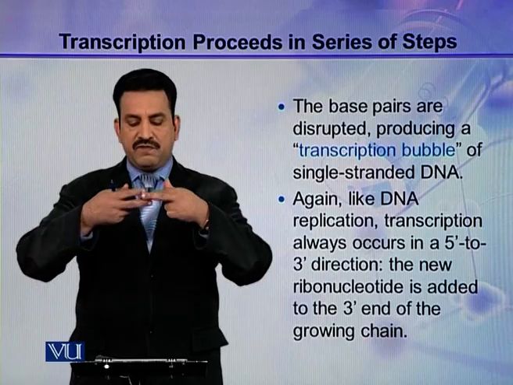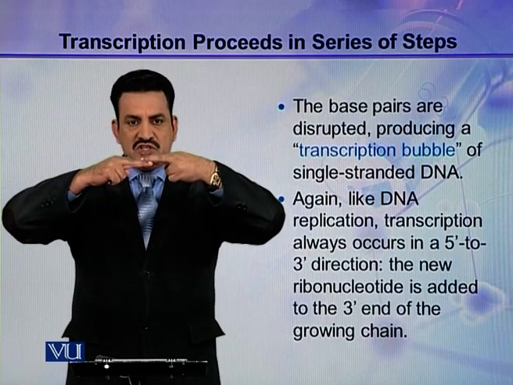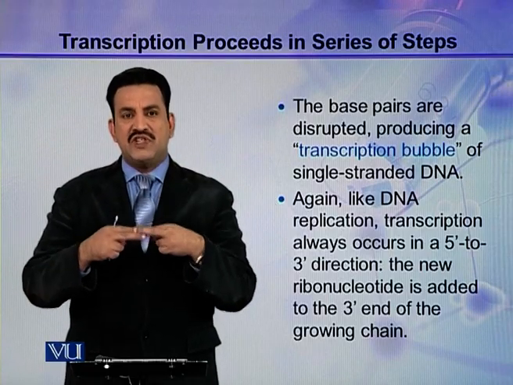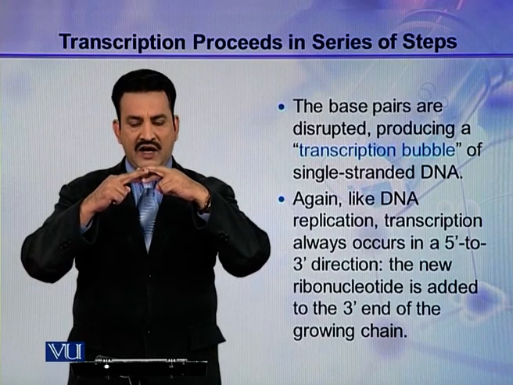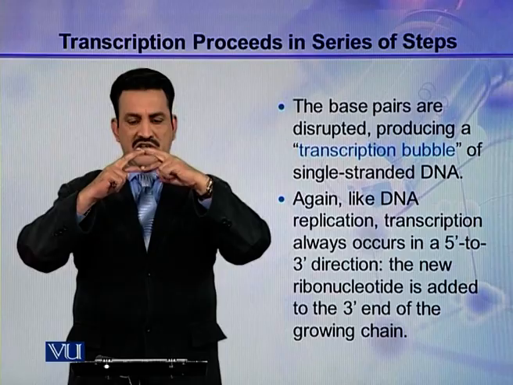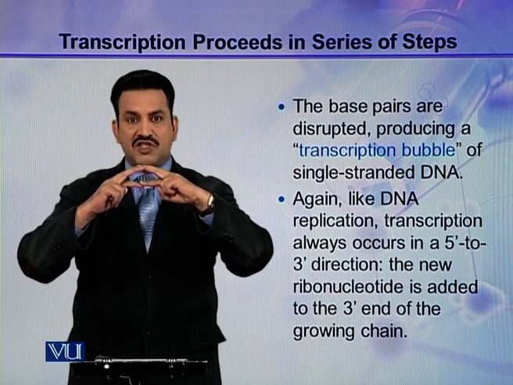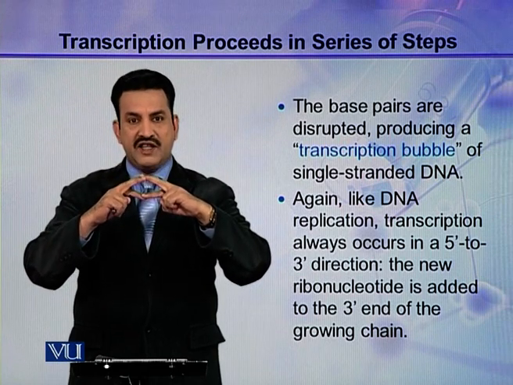So if DNA is helically coiled and double stranded, from the site where initiation will start, it begins opening up, and after opening it forms a transcription bubble. In this transcription bubble the two DNA strands are open and they are single stranded DNA.